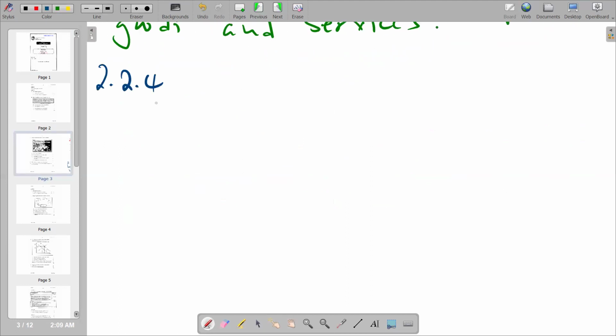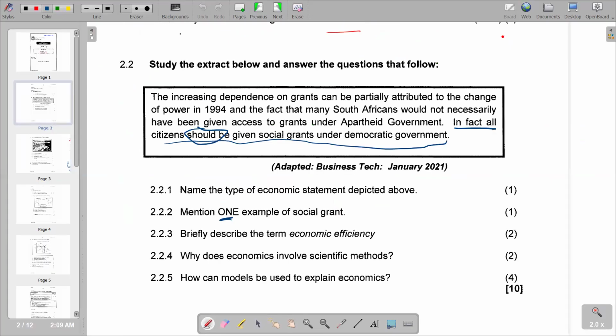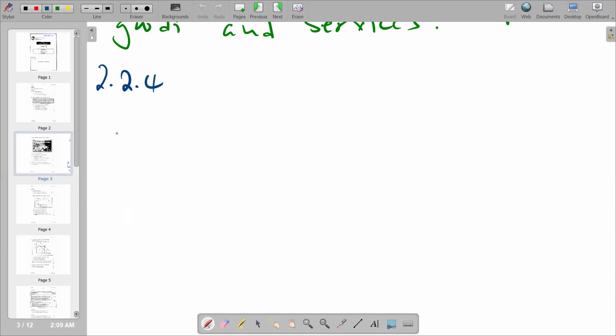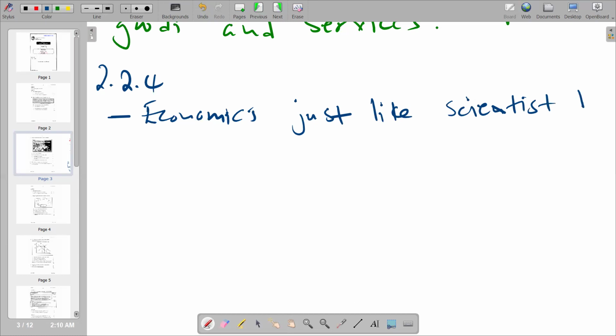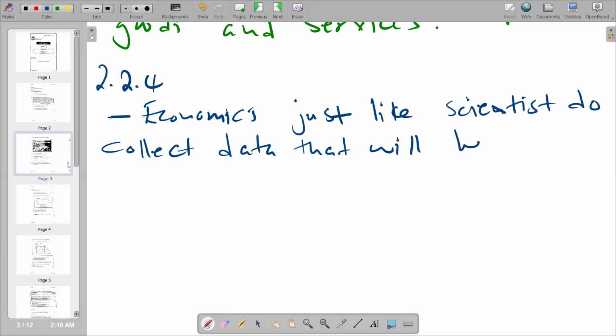So we are saying 2.2.4. We can just refer back to our question. Our question is 2 marks, so we're just going to raise 1 point, whereby we are saying, economics, just like scientists do, collect data that will help them to predict the future.